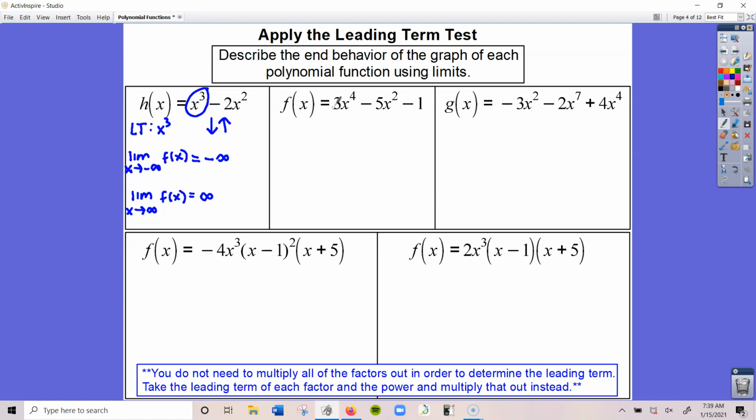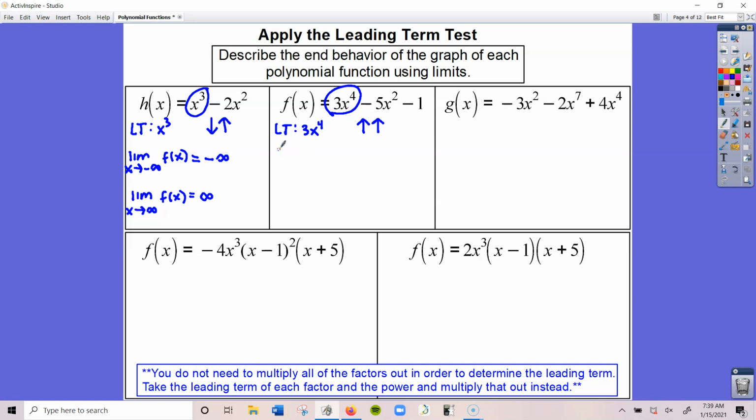In this next example, I look for my highest exponent, which is 3x to the fourth. So that's my leading term. Now, since the coefficient is positive, that means the right side will go up. And since my exponent is an even number, that means the left side goes in the same direction, so also up.